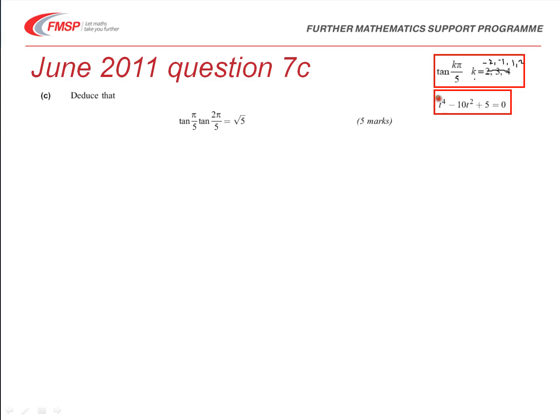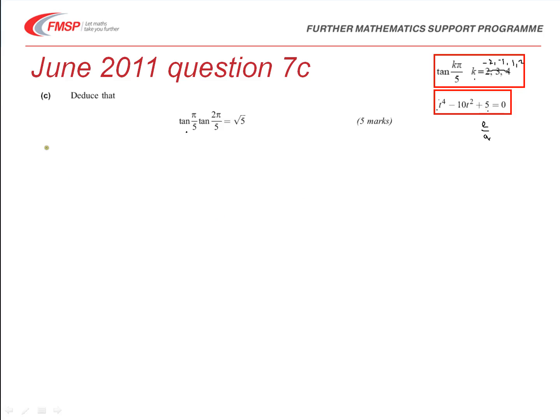So what do we know? Well, we can see here these 2 parts are multiplied together. Now what is it in a quartic that's multiplied? Well, it's the product of the roots, and the product of the roots for a quartic will be equal to E over A, where A is the coefficient of t to the 4th, B is the coefficient of t cubed, C is the coefficient of t squared, D is the coefficient of t, and E is the constant.